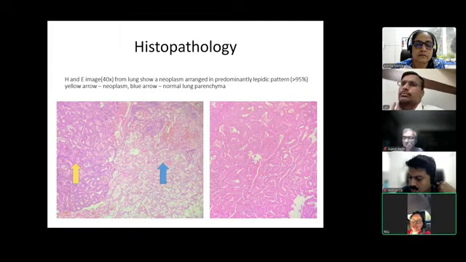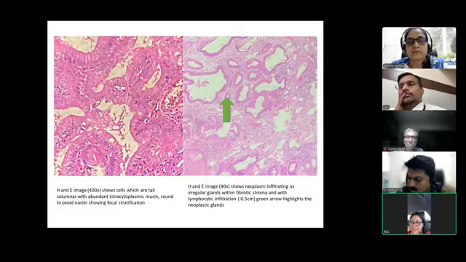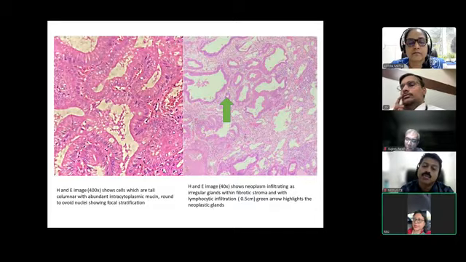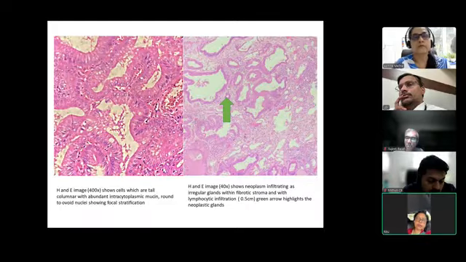We have to measure the actual tumor in the biopsy and see whether it is 20% or less than 20%, and then categorize it as high, moderate or low grade adenocarcinoma. So my diagnosis here would be an invasive mucinous adenocarcinoma, part lepidic, part mucinous. So that's how it will go.